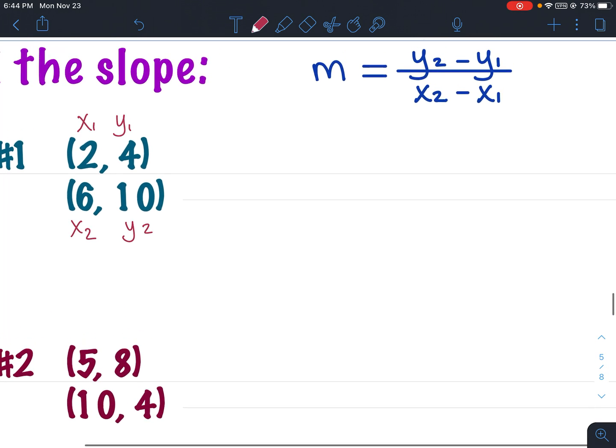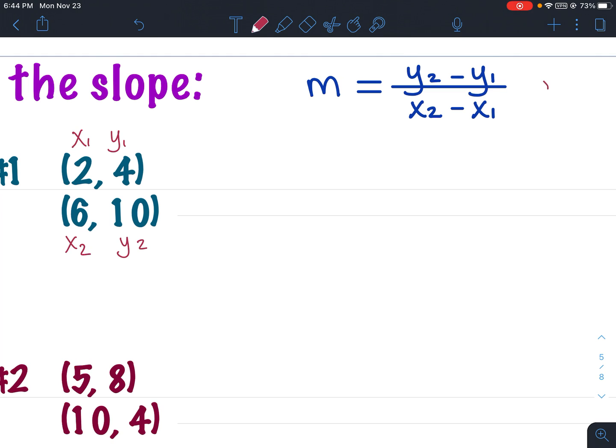Okay, so now all I'm going to do is take those numbers and plug them into this formula right here, and we will simplify to find the slope. So the slope equals y2, which is 10, minus y1, which is 4, over x2, which is 6, minus x1, which is 2.